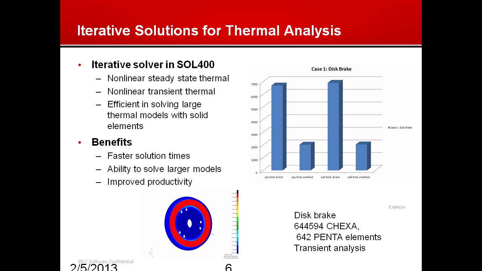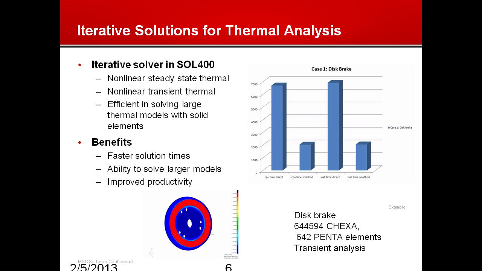Iterative solvers are one of the things that we think a lot of users could take advantage of even more in problems that are well conditioned, like in problems of heat transfer analysis, or in problems such as powertrain simulation.